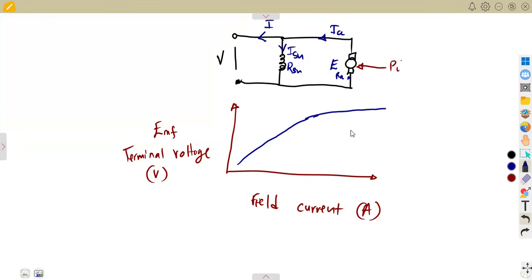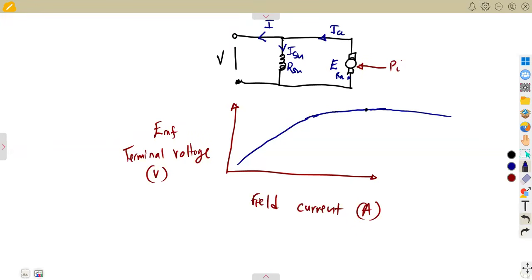At a certain value, there is a build up of the shunt resistance. At that point, we notice the increase is going to be very, very low. If you continue with this, it's going to go down.